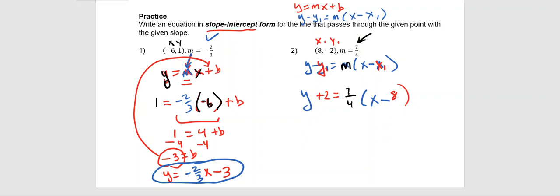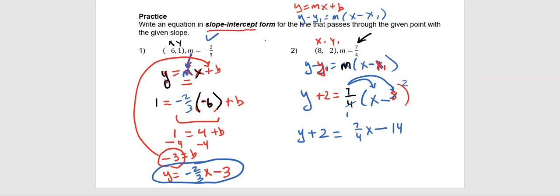So we can say 7/4 times x is 7/4 x minus 7/4 times 8. If I get some cross canceling, that should give me a 1 and a 2, which means it's going to be minus 14. And we're going to drop everything else on the left-hand side down. So y plus 2 equals 7/4 x minus 14.